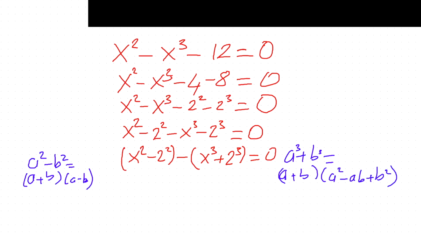So in this case, for the first term, it's x not squared anymore: x plus 2 times x minus 2, because it comes from the difference of two squares. Minus, for the x cubed plus 2 cubed, we can write x plus 2 times x squared minus 2x plus 4, equal to 0.